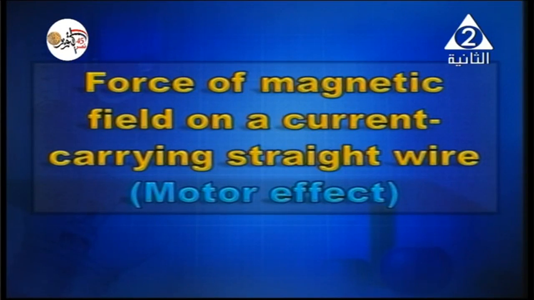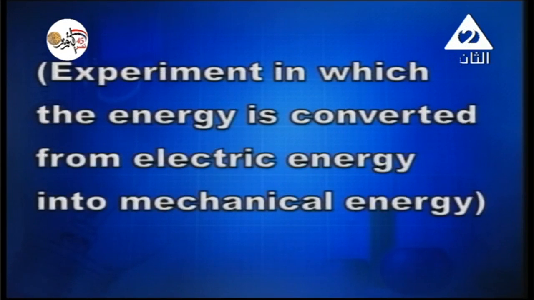The motor effect, or force of the magnetic field on a current carrying straight wire. Actually, it is an experiment in which energy is converted from electric energy into mechanical energy.